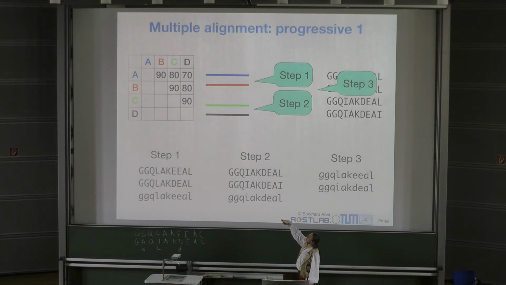In this example, that is A and B. I could also start with B and C. This has an equal number here. That means I have to make a choice, and in effect C and D too. But the choice A and B is as good as any other, and that's the choice I take here.